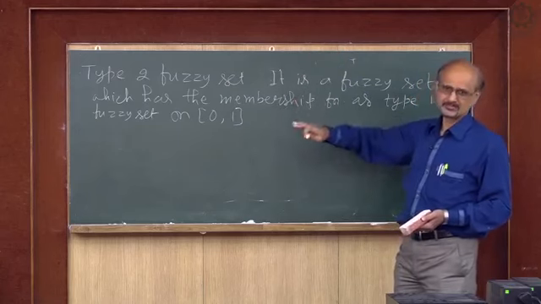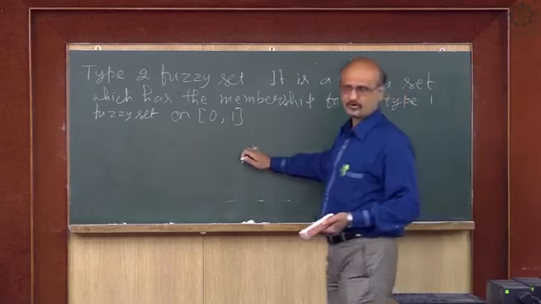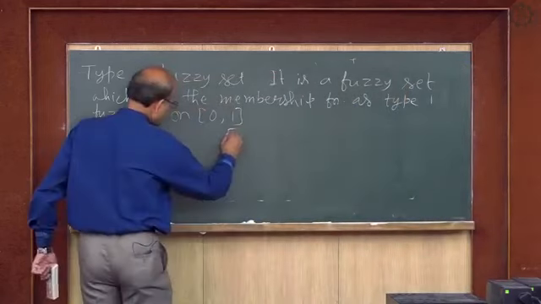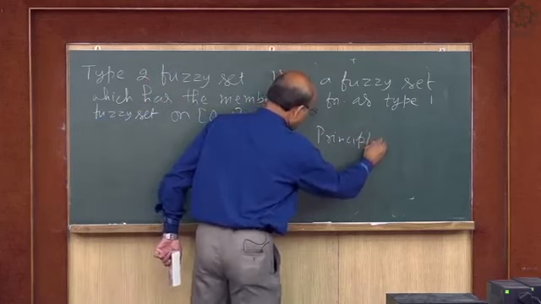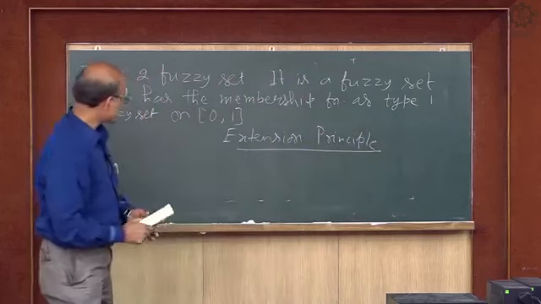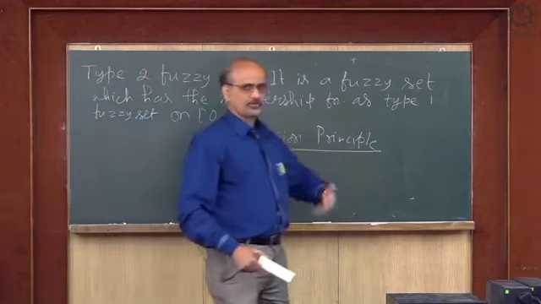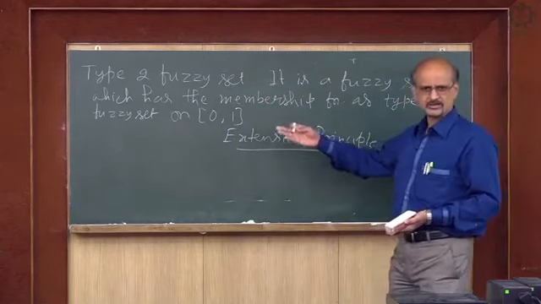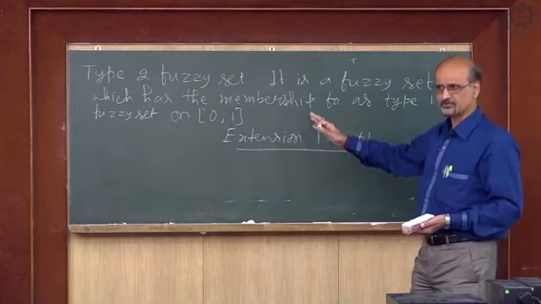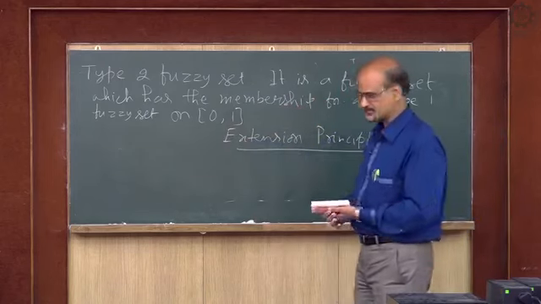So we need different definitions, and for that we need an important principle, the extension principle. That we will study a little bit afterwards. We have to use this extension principle to define those operators, at least those three: union, intersection and complement. Those are the most important operators in fuzzy sets, because from there we derive all the other things.